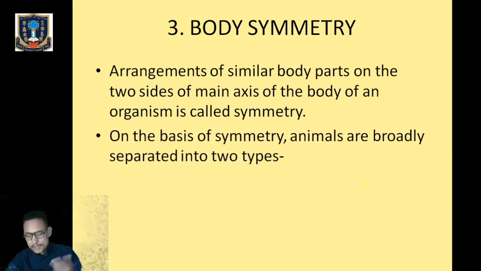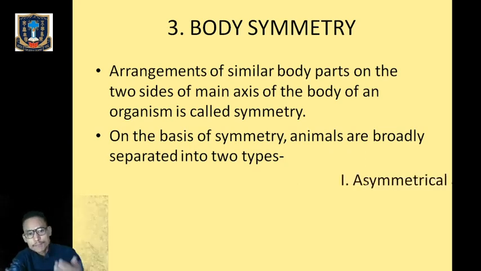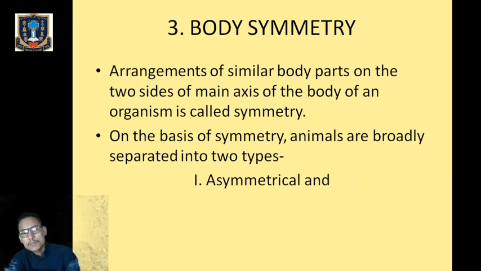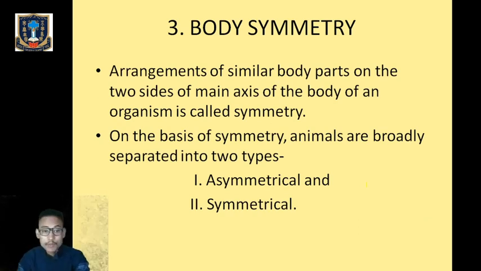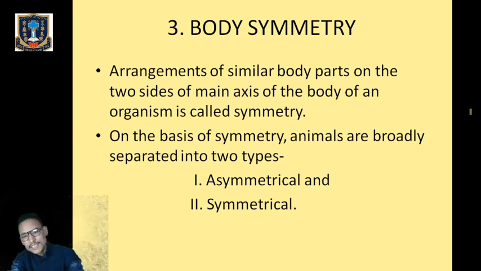All right, and on the basis of symmetry, animals are broadly classified into two types. What are they? We have got asymmetrical animals and symmetrical animals. On the basis of whether the animals can be divided into two equal halves with similar body parts or not, we have got two types of animal. From the name only, asymmetrical, as I have taught you, A means what?